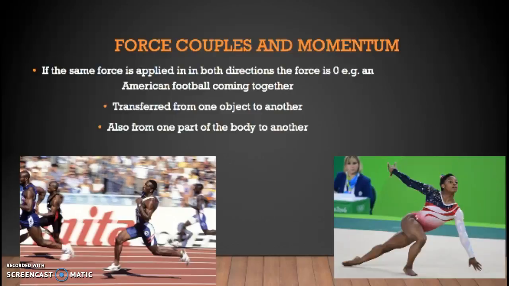If we look at this in relation to momentum, if we looked at a gymnast, the momentum can be transferred from one part of the body to another. The gymnast starts, if she's going to do a spin or a flip, by pulling her arms in to lessen her moment of inertia.